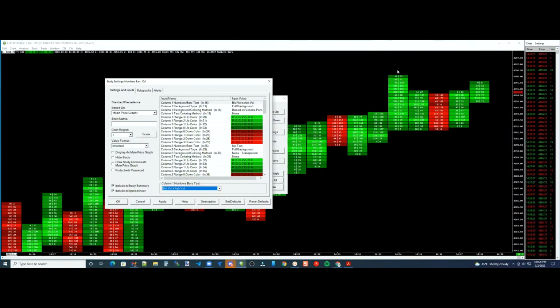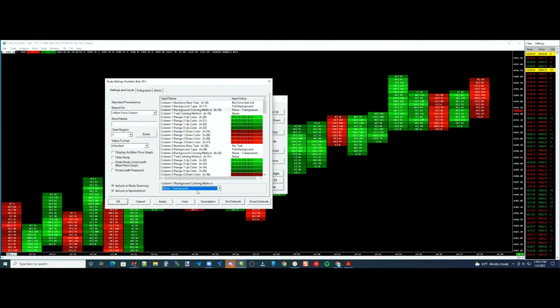The bid volume is the sellers hitting the bid, and the ask volume are the buyers lifting the offer. I'm sure that's obvious to everybody, but there are some people that don't know that, and that's fine. We all started somewhere. We're gonna leave that full background. We're gonna set this to transparent.